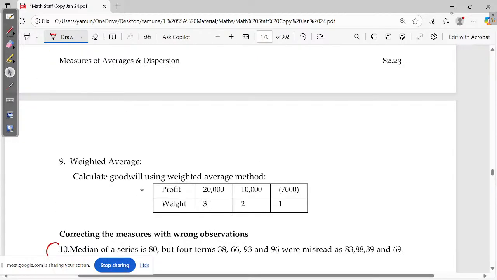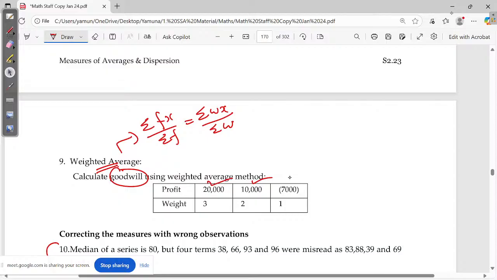For this problem, we call this weighted average, where the formula will be, instead of summation fx by summation f, we use summation wx by summation w. You might have done it in goodwill calculation in partnership accounts. So we have to give the weightage. The values are 20,000, 10,000, and a loss of minus 7,000. We give weightage of 3, 2, and 1, which will be mentioned.